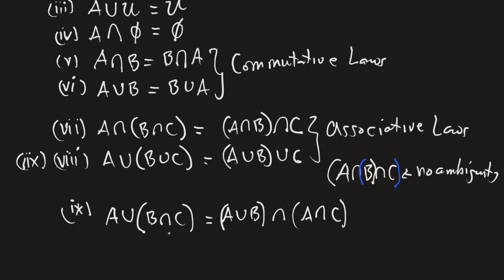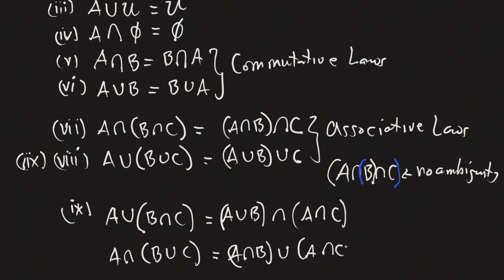There's a similar version. So if I have A intersect the union of B and C, then this is the same as A intersect B union A intersect C. Let me see. Yeah, A intersect C. So I think I wrote something wrong in this one.